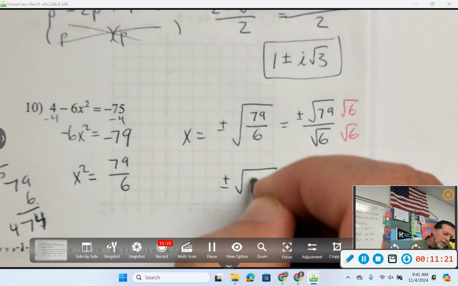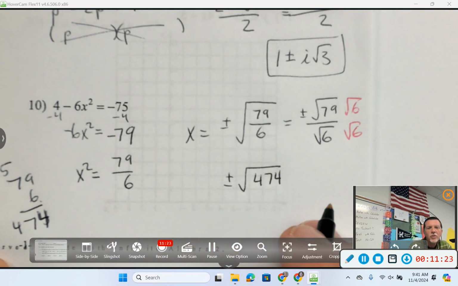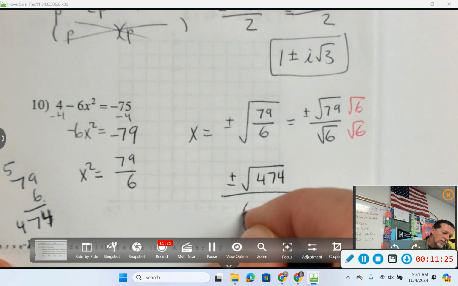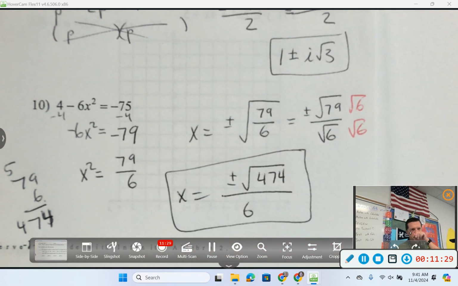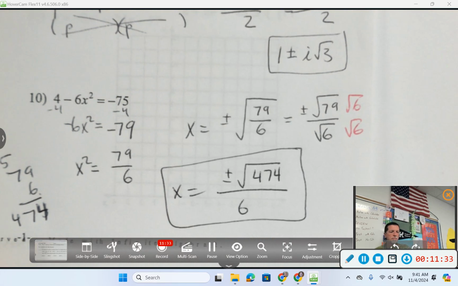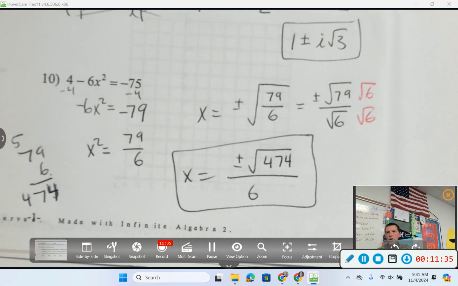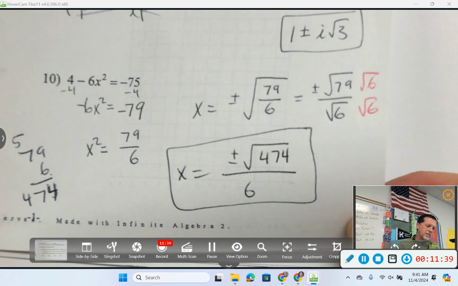So plus or minus square root of 474 all over 6. No calculator, so just be careful on your calculations.